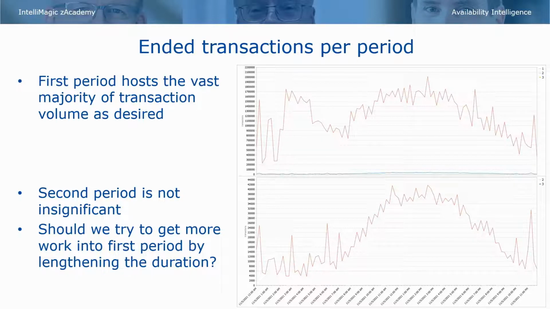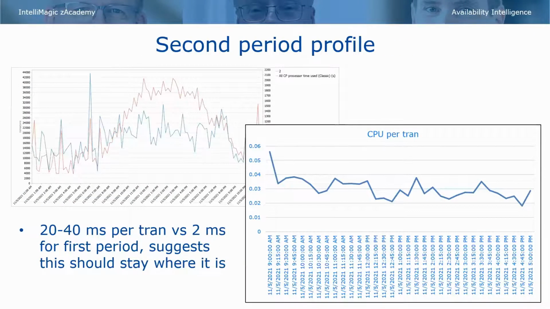But the hypothetical question might be posed here, is one of those common design points around multi-period service classes, to get as much work as possible done in first period. Well, let's just take a look at the second period profile. The top chart on the left here is from the previous, showing me the number of ended transactions, that 40,000 peak in an interval, and also the total CPU time for all the transactions in that interval.